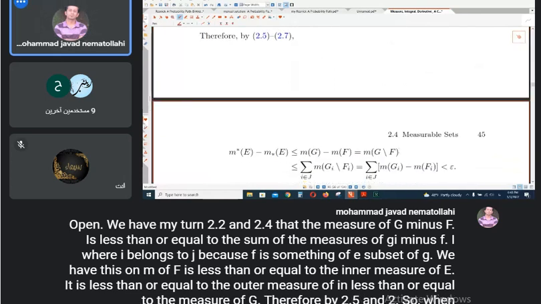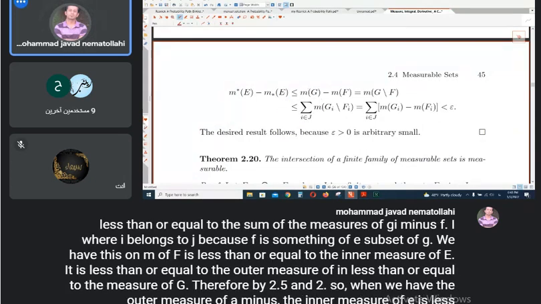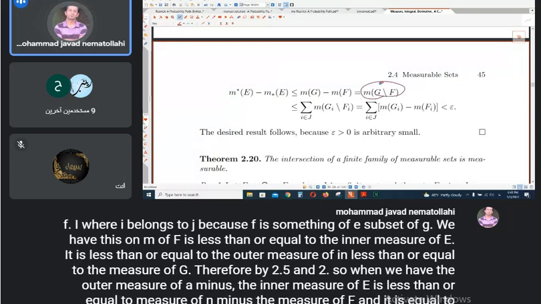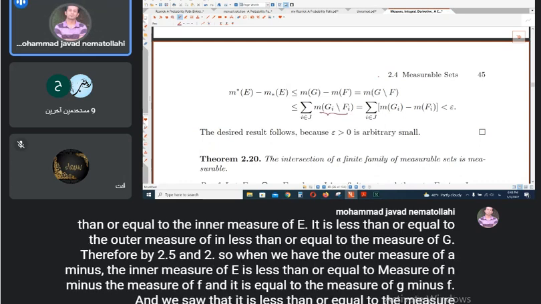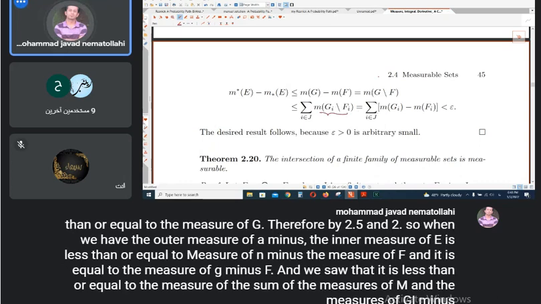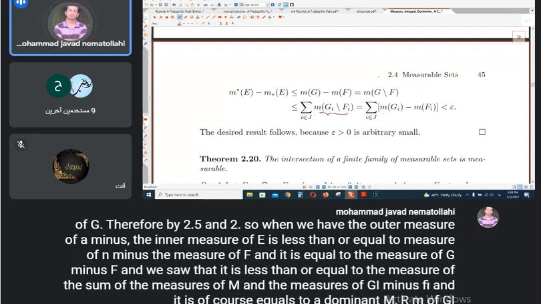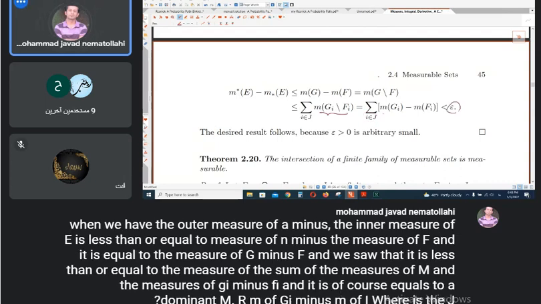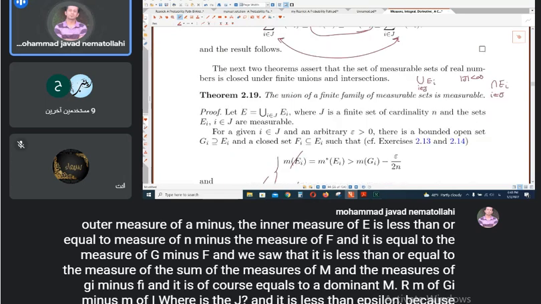Therefore, by 2.5 and 2.7, we have the outer measure of E minus the inner measure of E is less than or equal to the measure of M minus the measure of F, and it is equal to the measure of G minus F. And we saw that it is less than or equal to the sum of the measures of Gi minus Fi, which of course equals m of Gi minus m of Fi, where i belongs to J, and it is less than epsilon because of this.